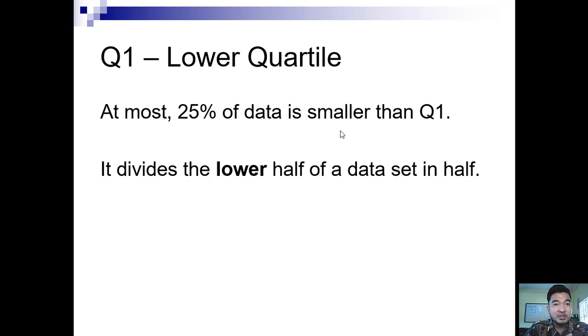Ibig sabihin, yung other 25% mas mababa sa kanya. It divides the lower half of a data set in half. Kasi meron tayong lower half at saka higher half. Yung first quartile, i-divide niya ang lower half into another half.